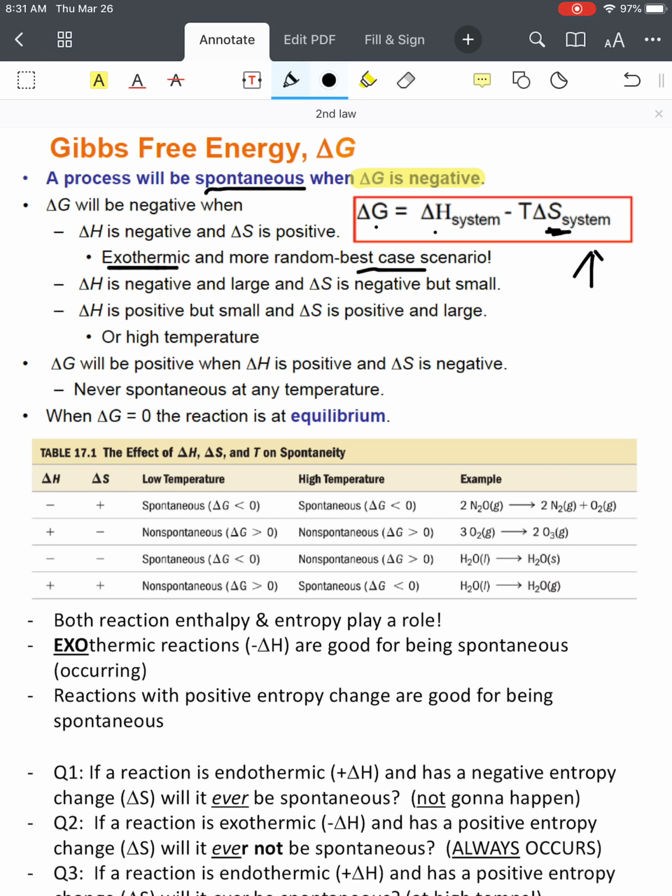Well, this is the best case scenario, isn't it? Because if this is positive, I multiply by the temperature and subtract it from a number which is already negative, I'm going to make the negative number bigger, or more negative, I should say. And as a result, in these cases, this is the best case scenario. That's always going to be spontaneous, isn't it?